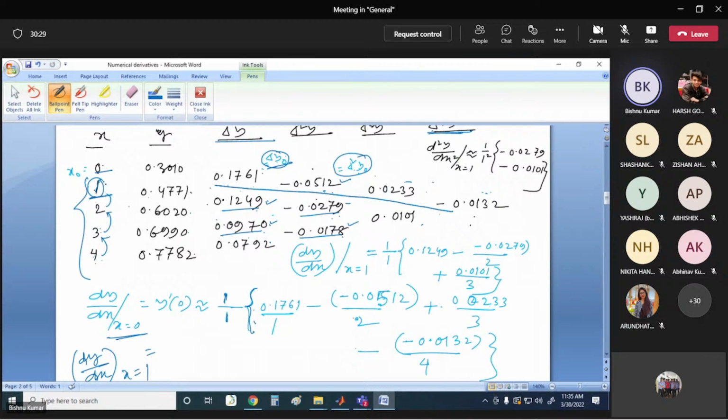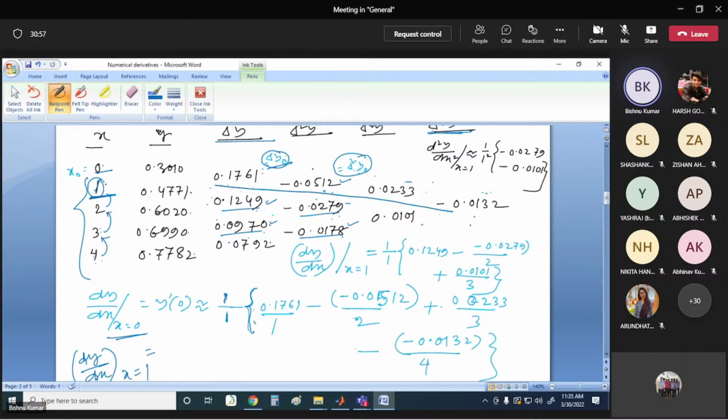But if I consider x1 as the first point now, then what will be the associated upper diagonal elements? That is x1, the corresponding y1, and the associated upper diagonal will be these three values. With the help of these three values, you can calculate the first derivative and second derivative.